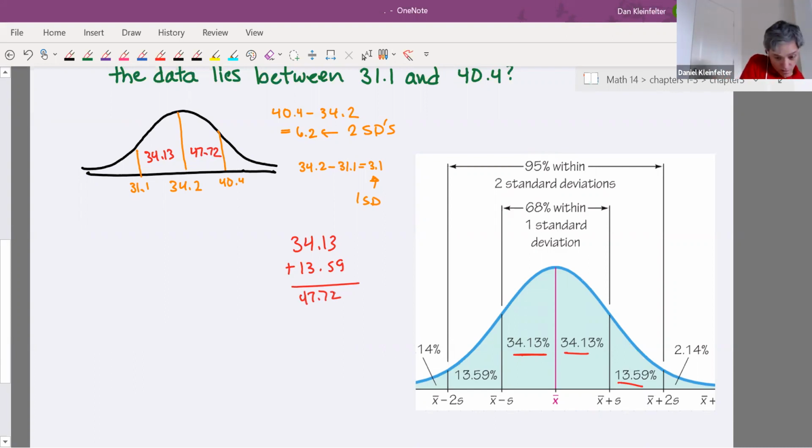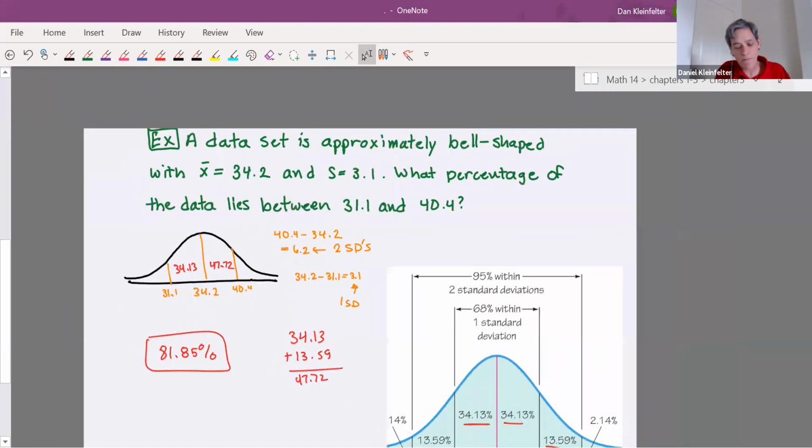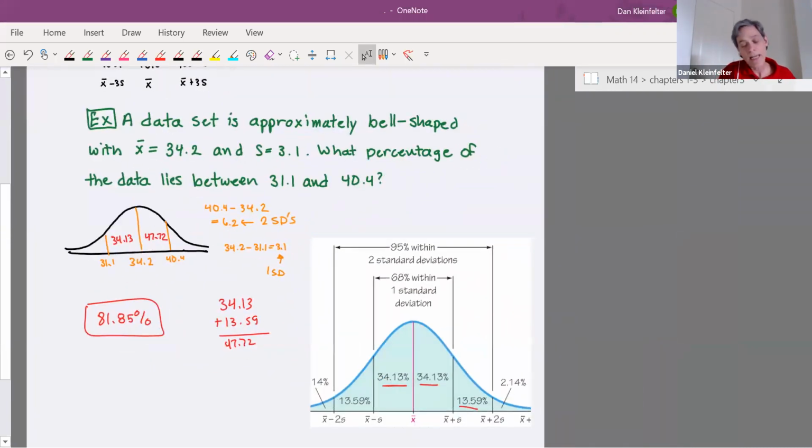Okay, so in all, 81.85% of the data. So again, what's different about this example and the earlier examples we have done is that the interval is not symmetric around the mean.